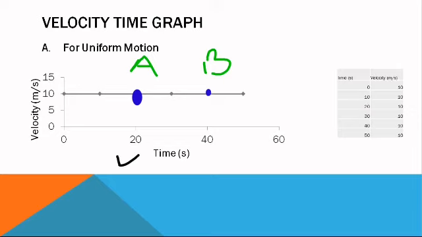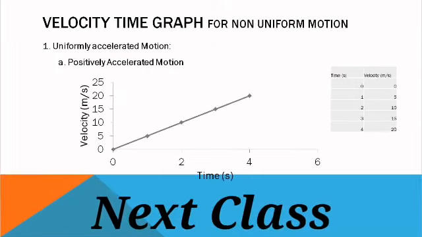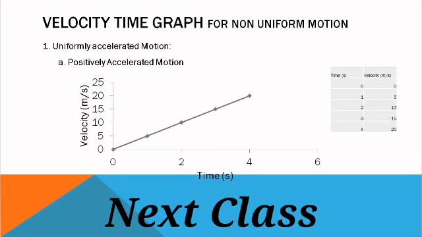Clarification I will make here that the time t1 is 20 second, t2 is 40 second, and the velocity is constant and it is 10 meter per second. Now find the distance. And in the next class we will learn about the velocity time graph for non-uniform motion. So we have already seen in the chart that non-uniform motion velocity time graph are of two types, for uniformly accelerated motion and non-uniformly accelerated motion.